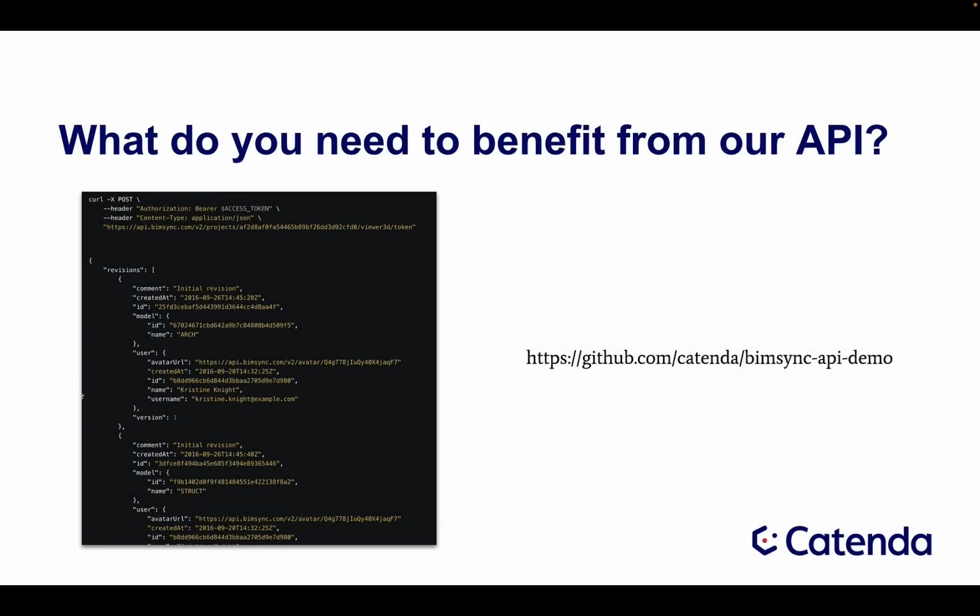So now the big question, what do you need to benefit from our API? So let's be clear. This is a job to build something on top of an API.